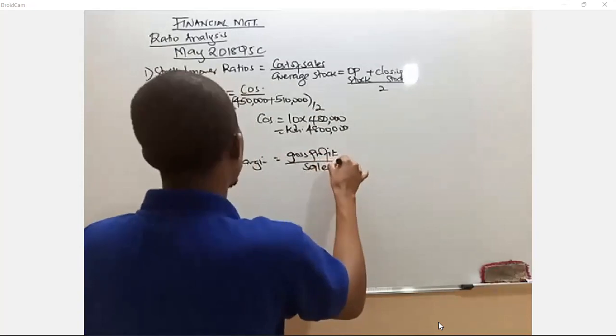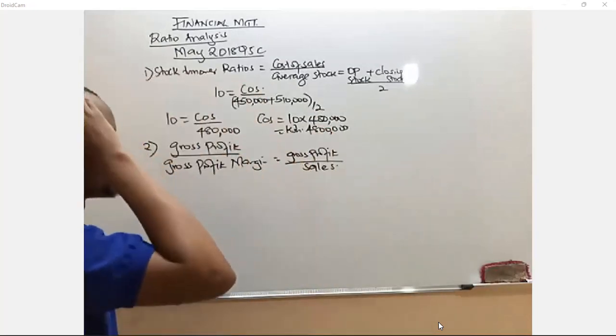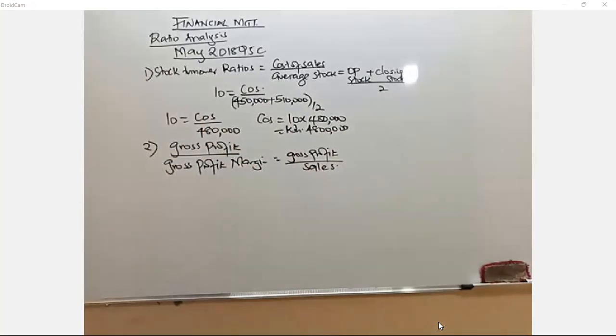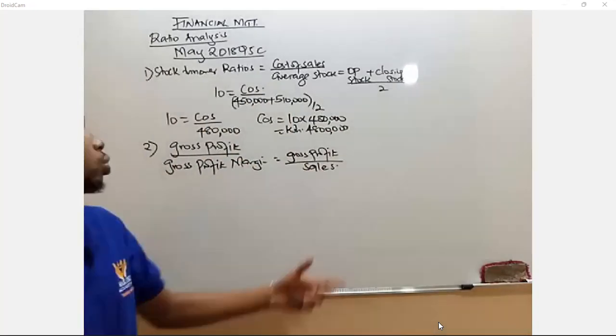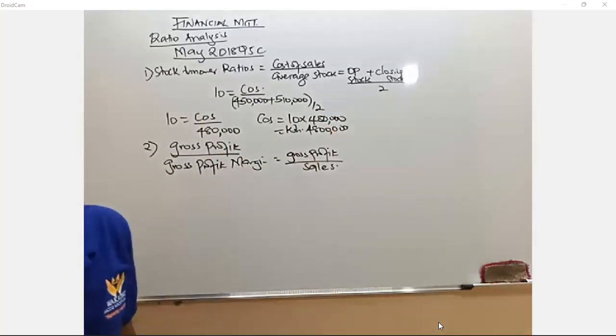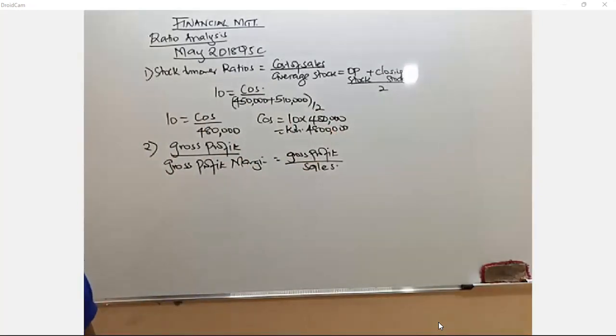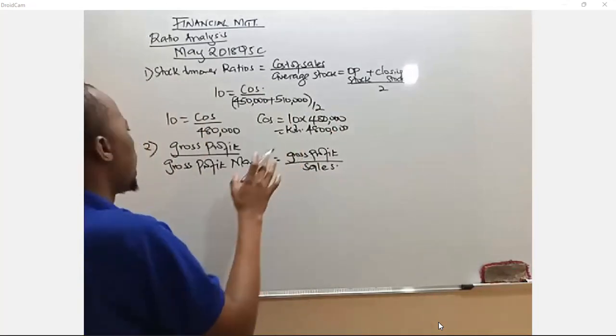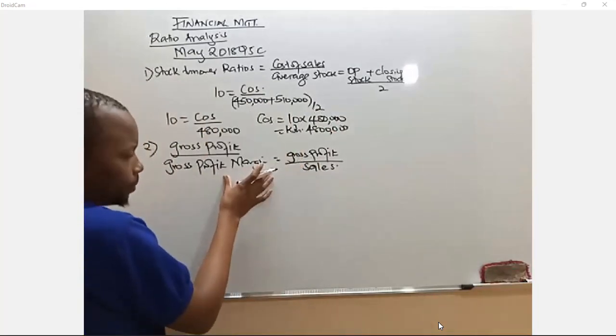But when I look at the question provided, I'm not given sales. What am I given by the examiner here? Because we have already computed our cost of sales, is it possible to convert my margin to markup?